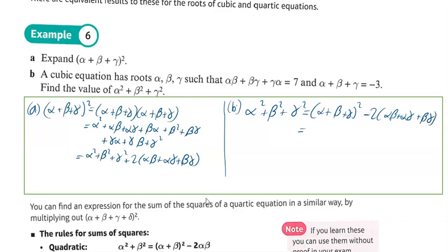Okay, and then just fill in the values we know. We were told that alpha plus beta plus gamma is equal to minus 3, so that's brackets minus 3 squared minus 2 times 7, which is just going to be 9 minus 14, which is just going to be minus 5.